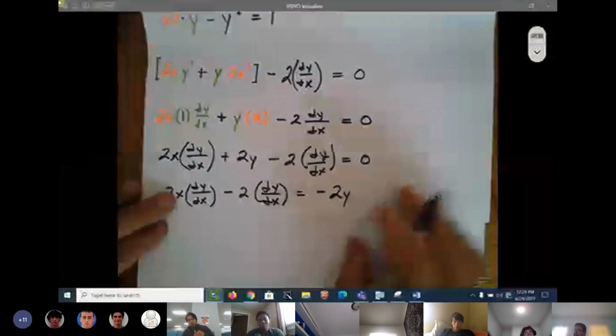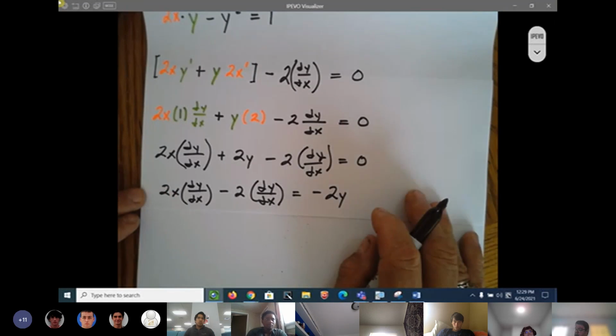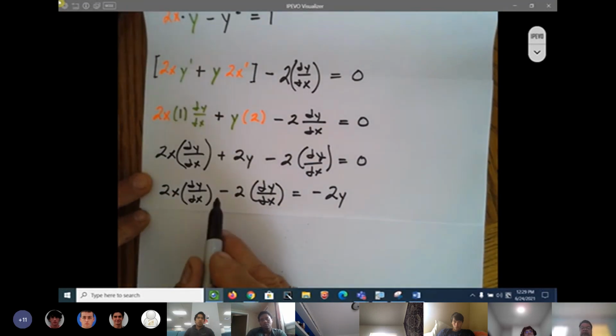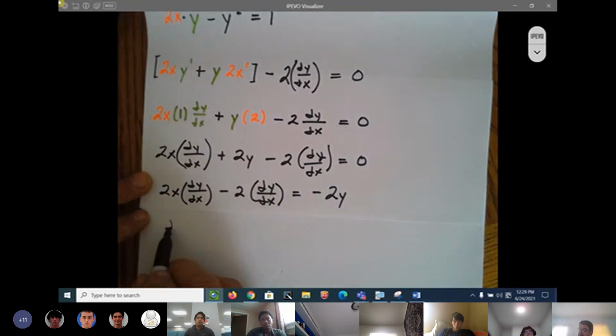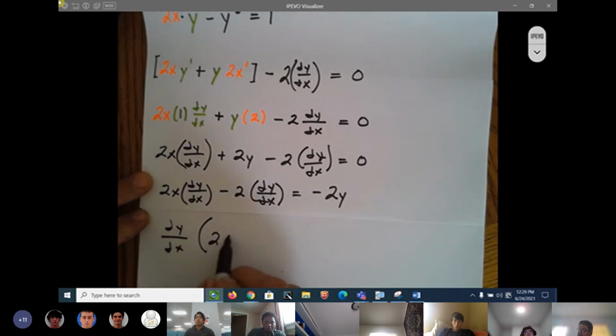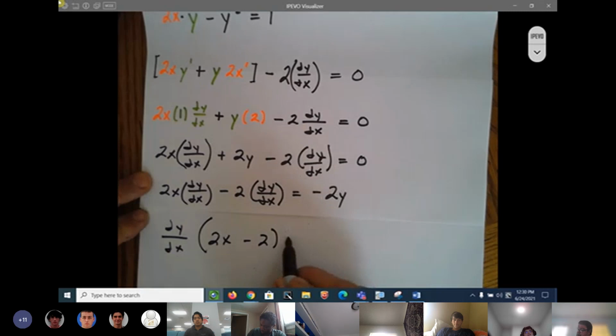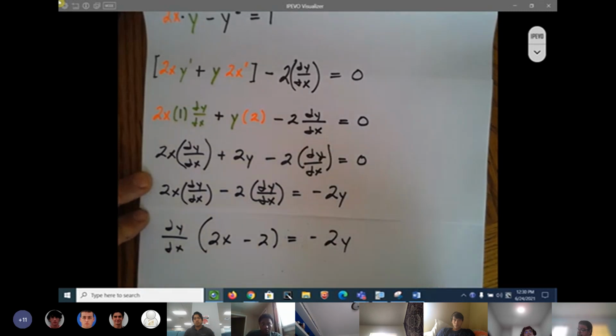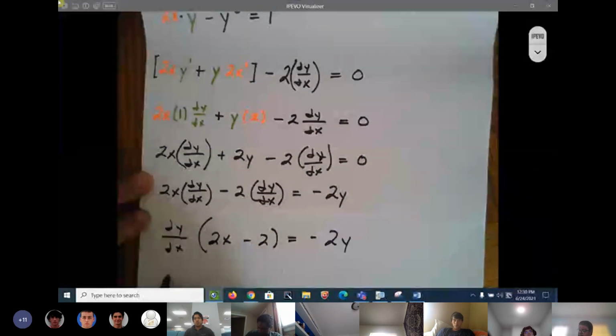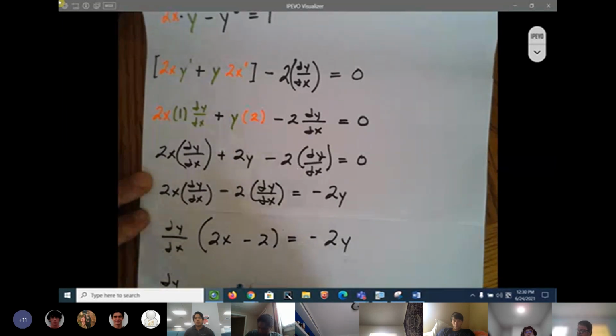So I can factor out a dy dx. 2x minus 2 equals negative 2y. And the derivative of y with respect to x is equal to negative 2y divided by 2x minus 2.